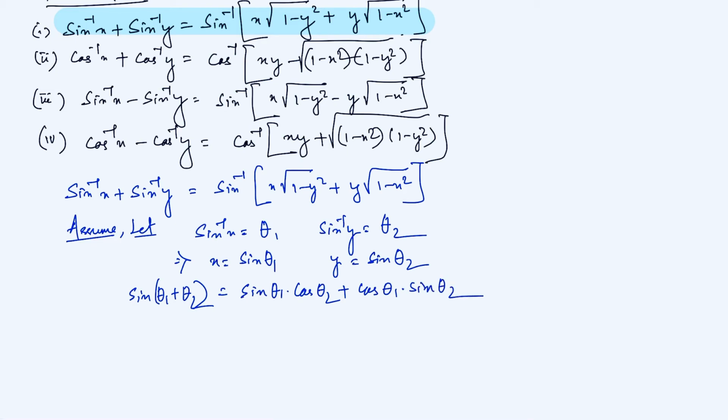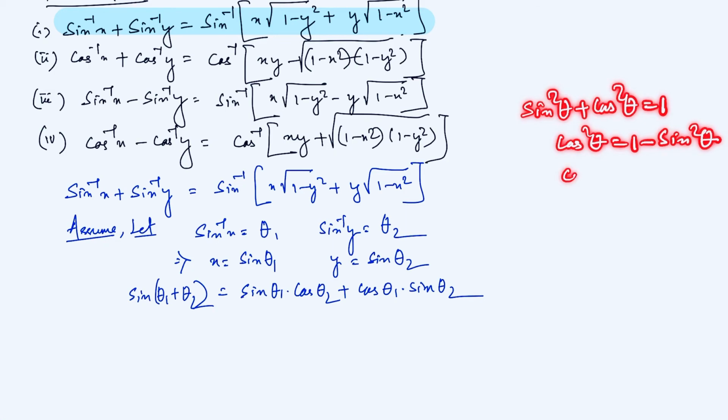But we know only the value of sine theta 1 and sine theta 2. So we are going to convert cos theta 2 and cos theta 1 into sine theta. Again use the formula. What is the formula? Sine square theta plus cos square theta is equal to 1. So cos square theta will be equal to 1 minus sine square theta. So cos theta will be equal to the square root of 1 minus sine square theta.